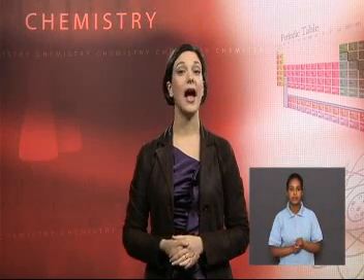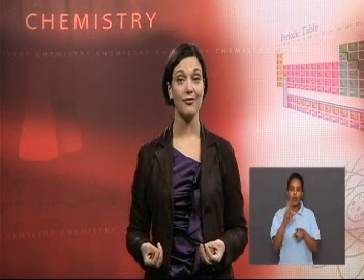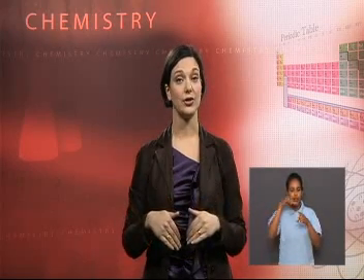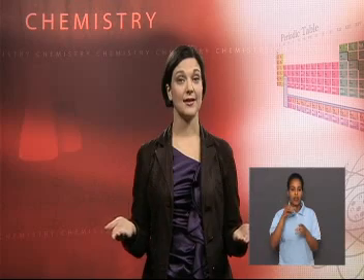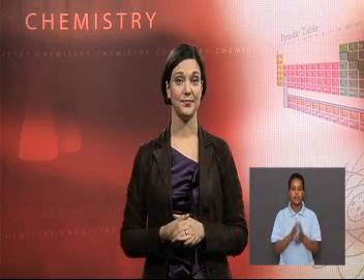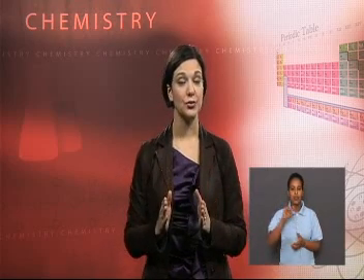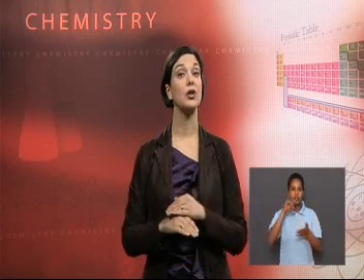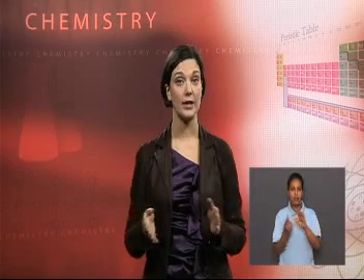Welcome back, students. An electrode is a metal or graphite that allows electrons to enter or exit electrolytes. Inert refers to a type of electrode that will not affect the product.